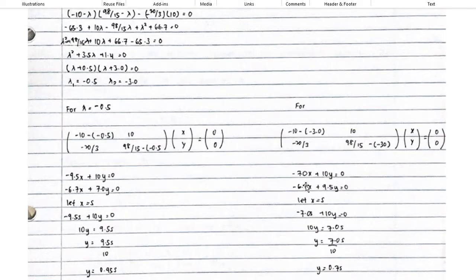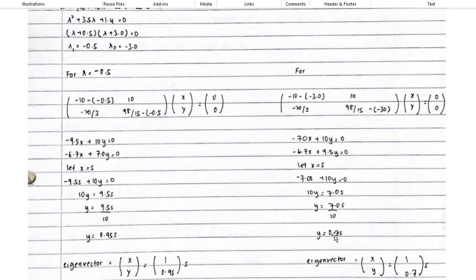We can also take the value of this part to find the y. The answer will be the same. After I simplify, the answer will be 0.7s, and the eigenvector is x equal to 1, y equal to 0.7s, as we put outside.